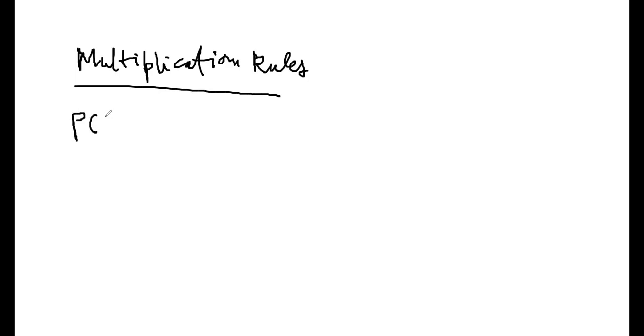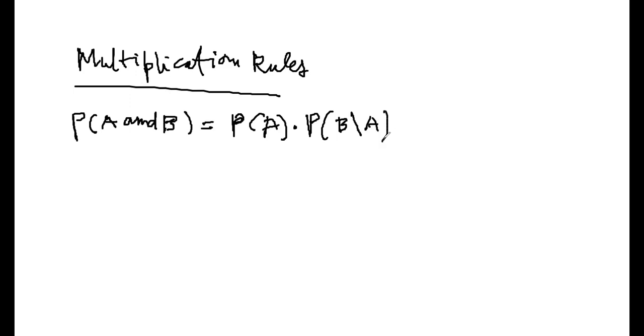If you're looking for the probability of A and B, it will be equal to the probability of A times the probability of B given that A occurred.